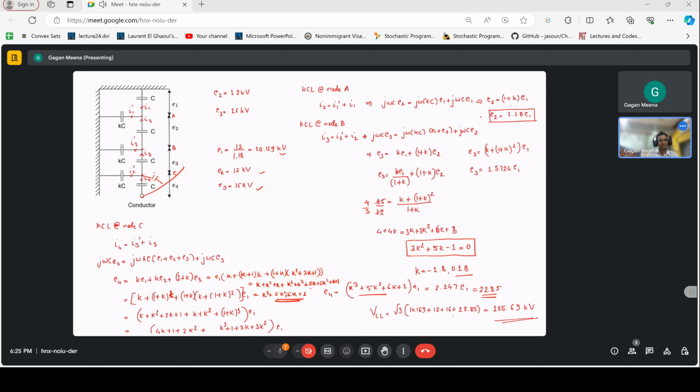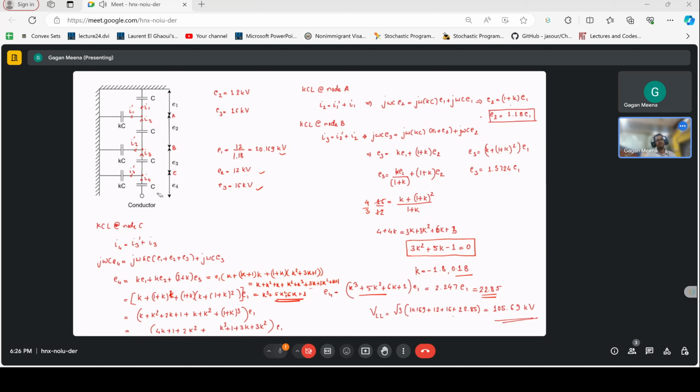The current I4 will become equal to I3, and I3 will become equal to I2. If current is same, capacitance is same, the voltage will also become same. So that is the ideal case, although we cannot perfectly nullify that. In the ideal case it is possible, but practically it is not possible because we have standard value of capacitances.